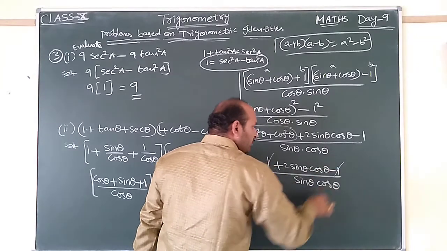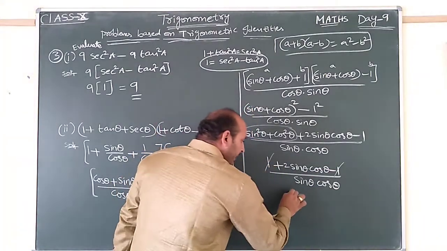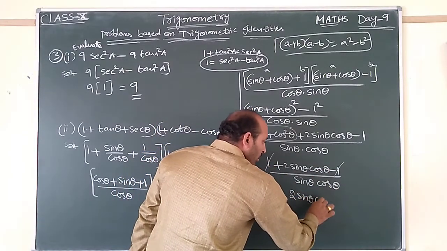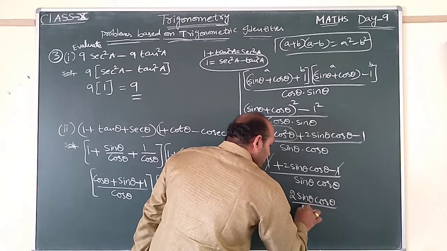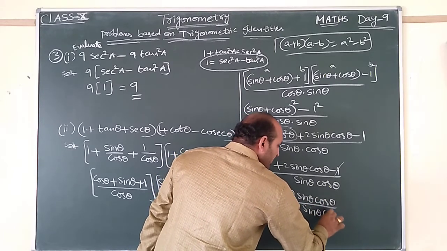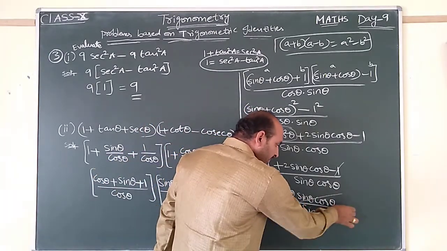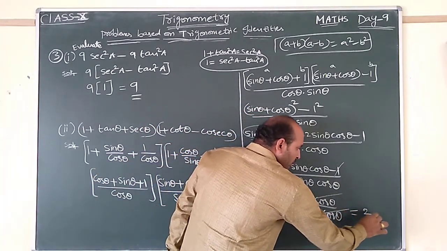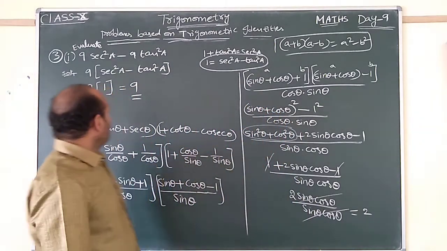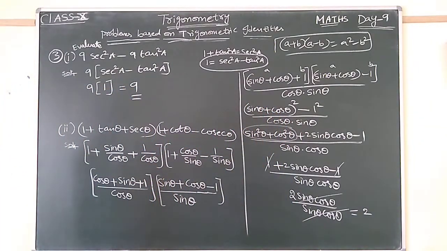Plus 1 and minus 1 cancel. Next, 2 sin theta cos theta upon sin theta cos theta. In the numerator and denominator the same term sin theta cos theta cancels, and you will get 2 as the answer. So this is the solution of the third one.